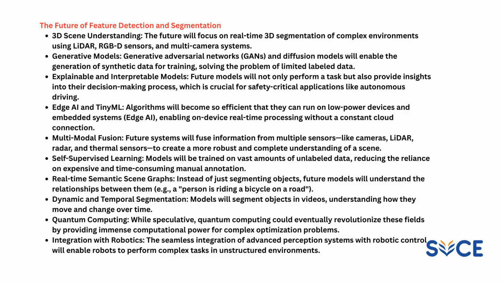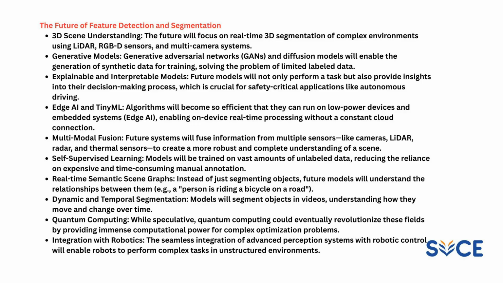The next frontier is moving beyond pixels to 3D scene understanding, as we discussed before. Future systems will not just look at a single image, but will process data from multiple sources like LiDAR, RGBD cameras which capture color and depth, and multi-camera systems.